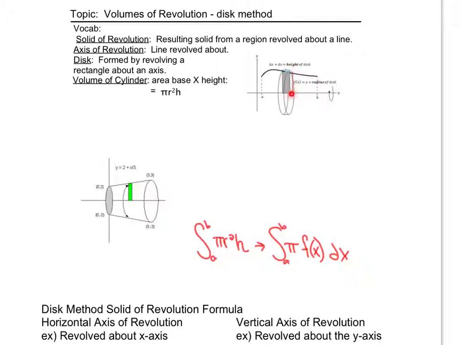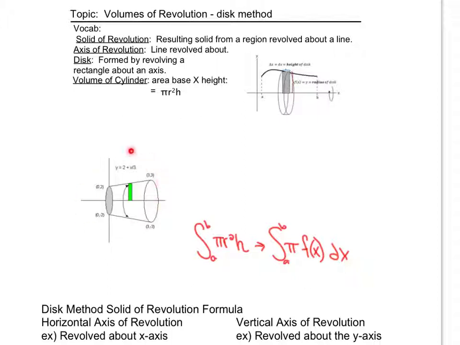So the radius is determined by our function f of x, so pi times our function squared. Our height of our cylinder here is going to be our change in x, which we often refer to as dx. So what if I wanted to find the volume of this entire curve rotated around the axis as opposed to just the rectangle?